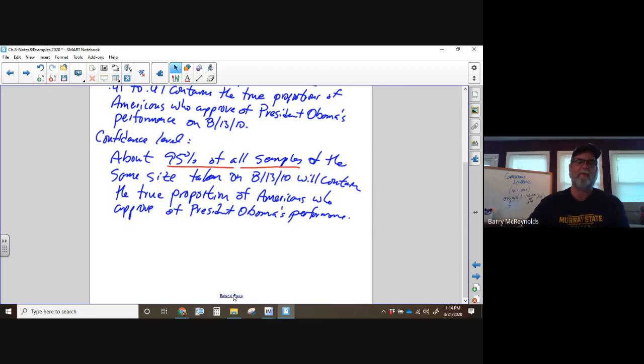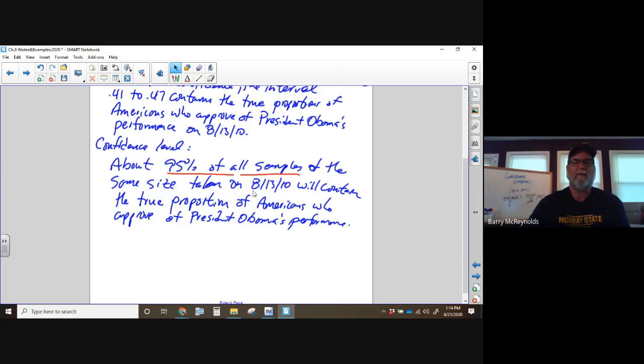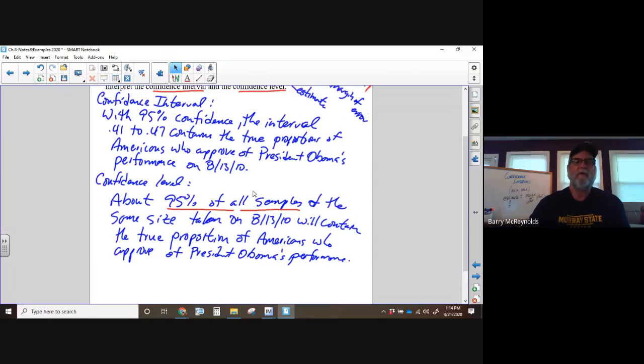Confidence level doesn't really tell us where it is on a number line. Confidence level just talks about the number of samples. If we want to know what the value is on a number line, we've got to talk about confidence interval.